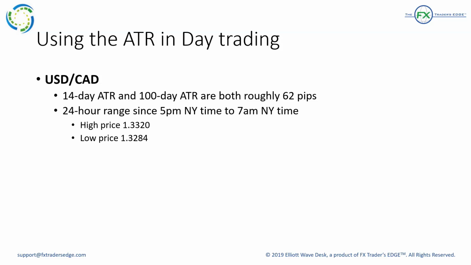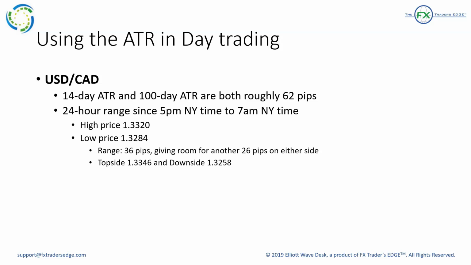So if we then calculate what the potential range could be and add the difference between the actual range and the 62 pips, we can determine how much room there is on the top side or the downside for dollar Canada. So the overnight range so far until 7 a.m. is 36 pips, giving room for another 26 pips on either side. That's 62 pips minus 36 pips equals 26 pips.